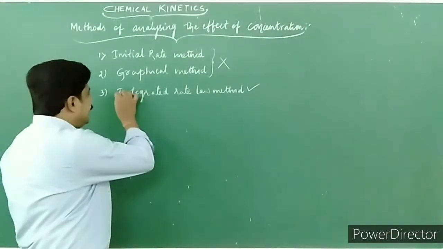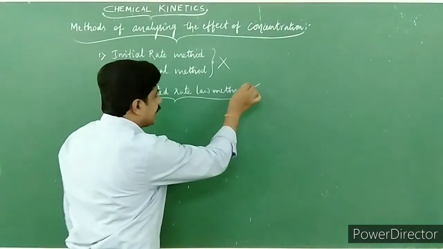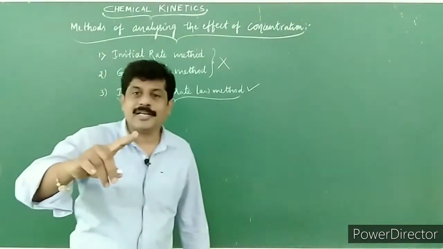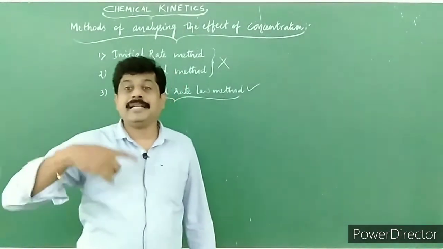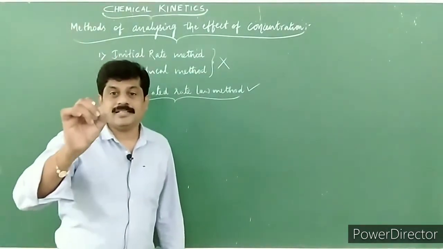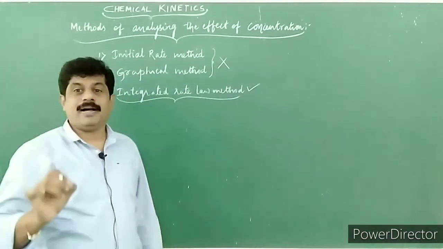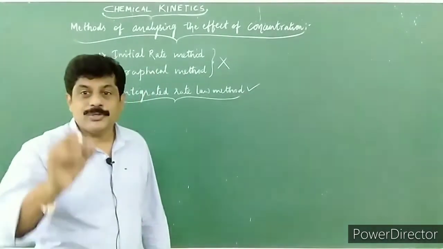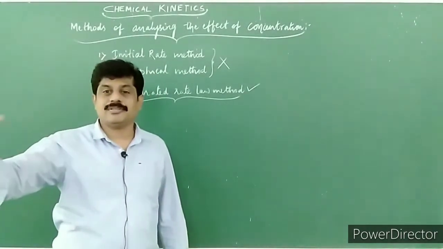Children, let me take up integrated rate law method. Remember, concentration dependence rate equation is a differential rate equation. Children, it is very difficult to determine instantaneous rate or average rate of a reaction using differential rate equation.